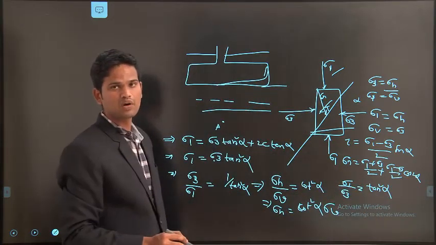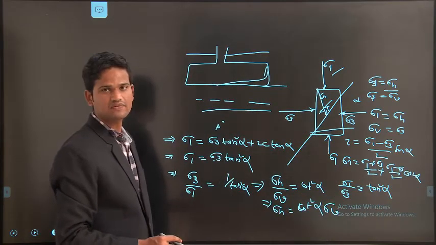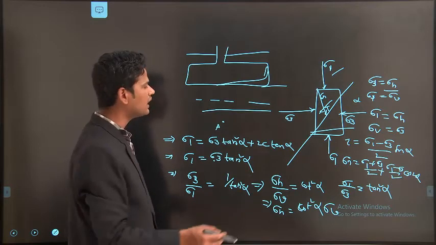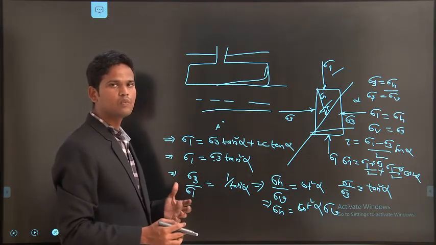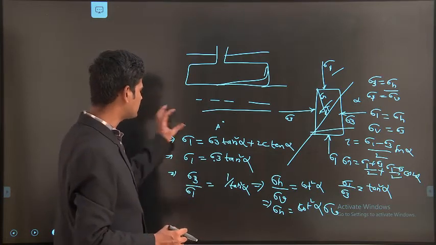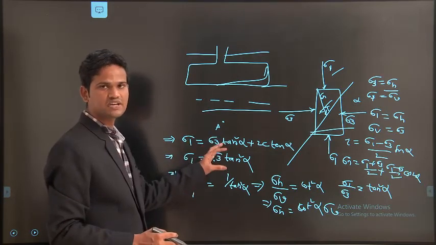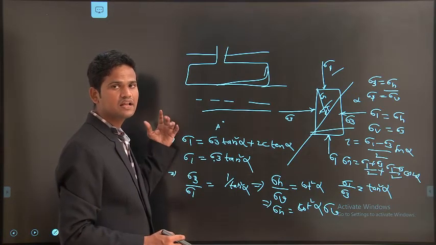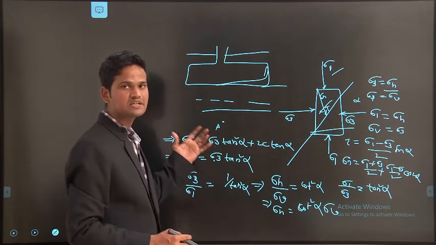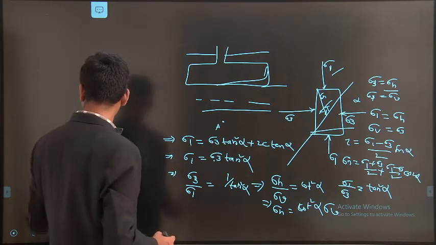This is one more formula for calculating horizontal earth pressure to vertical earth pressure. This is how these formulas come from the Mohr-Coulomb equation, and how we calculate the major and minor principal stresses based on the horizontal effective pressure to the vertical effective pressure.